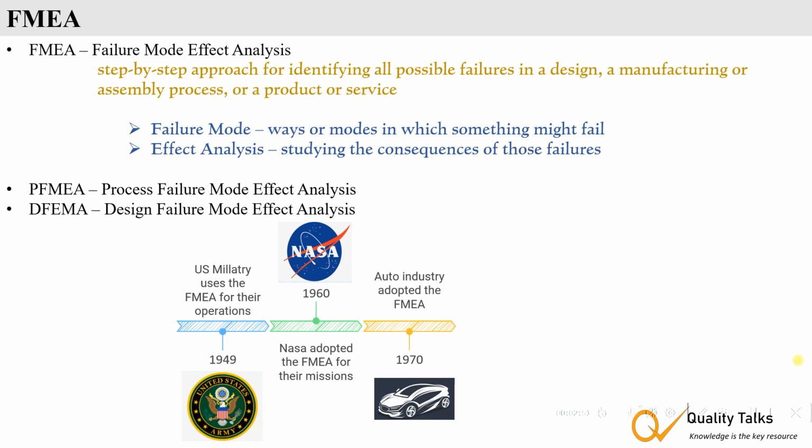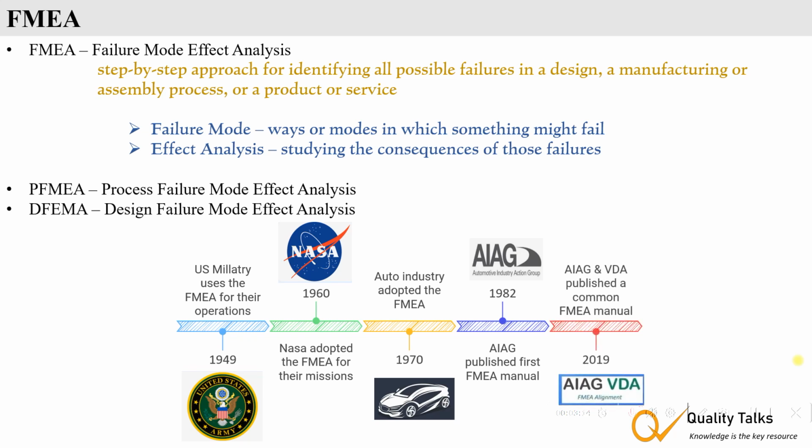Around 1970, the auto industry started using FMEA. In 1982, AIAG published the first FMEA manual for the auto industry. And recently in 2019, the FMEA manual was jointly published by VDA and AIAG.